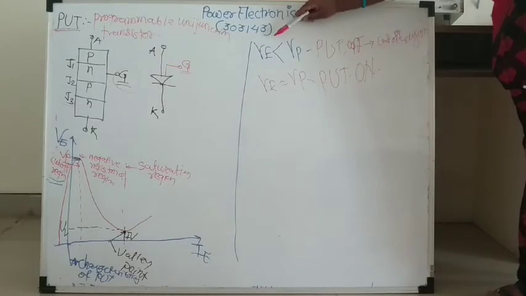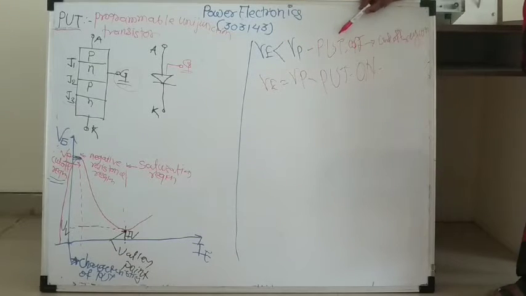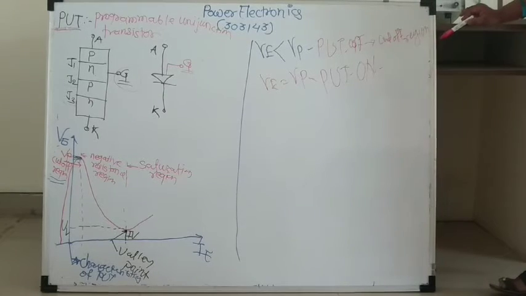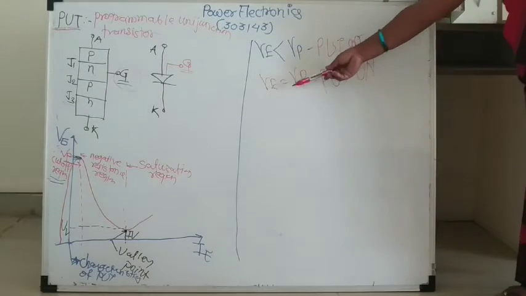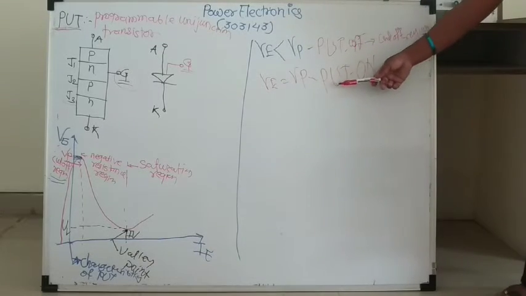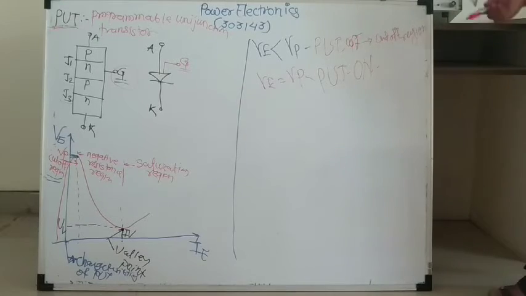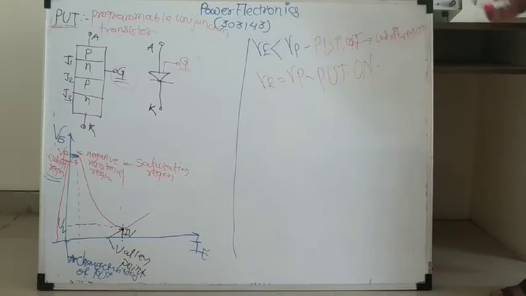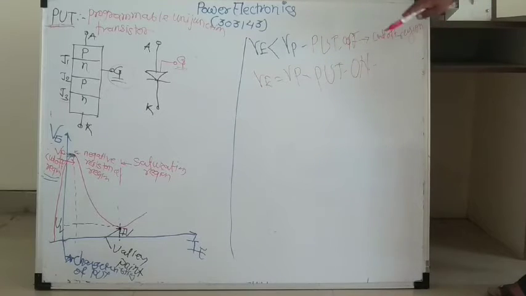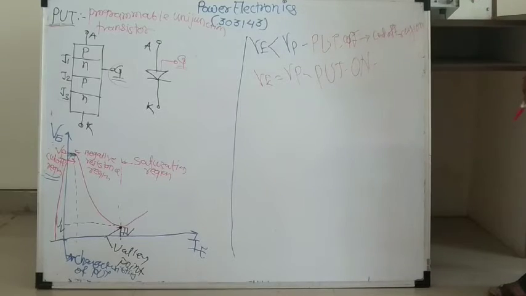First, when your emitter voltage is less than the peak voltage, your PUT is off, present in the cutoff region. When your emitter voltage is equal to the peak voltage, PUT gets turned on, and after that, by increasing the emitter current, your voltage goes on decreasing.